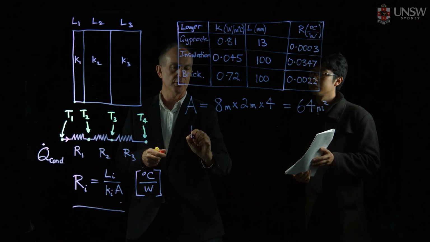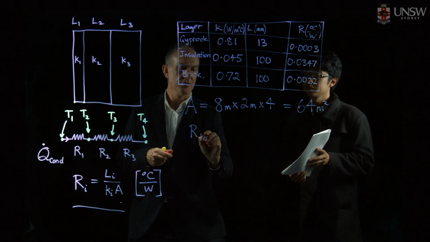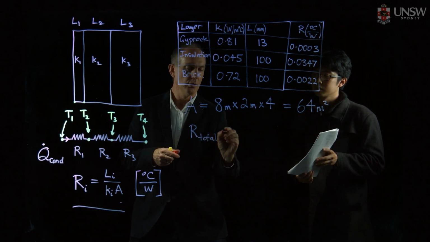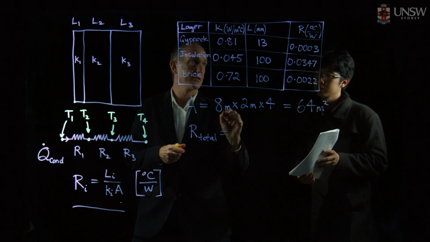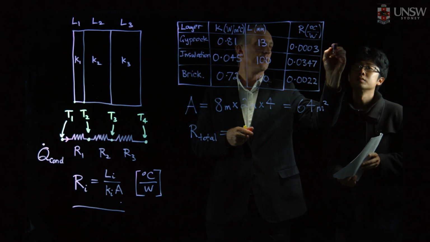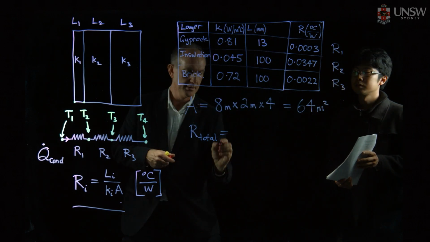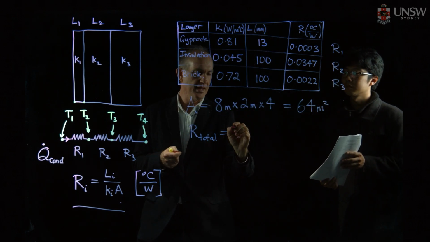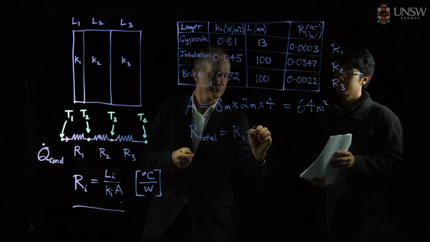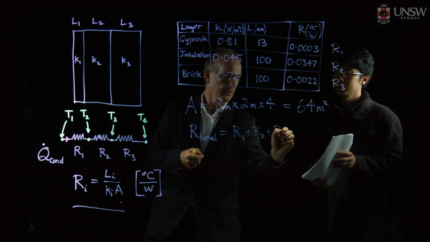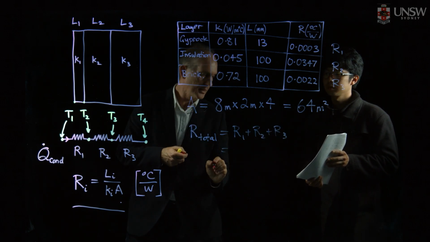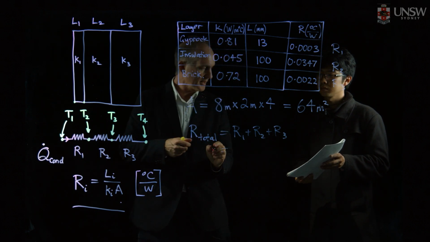Now what we want to know is, well, for this multi-layer wall, what's the total thermal resistance? So here we have R1, R2, R3. We just need to add that up. And that's a bit of simple mathematics.